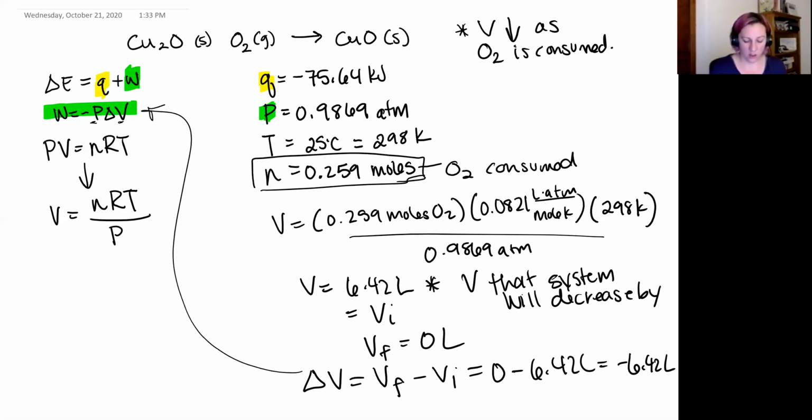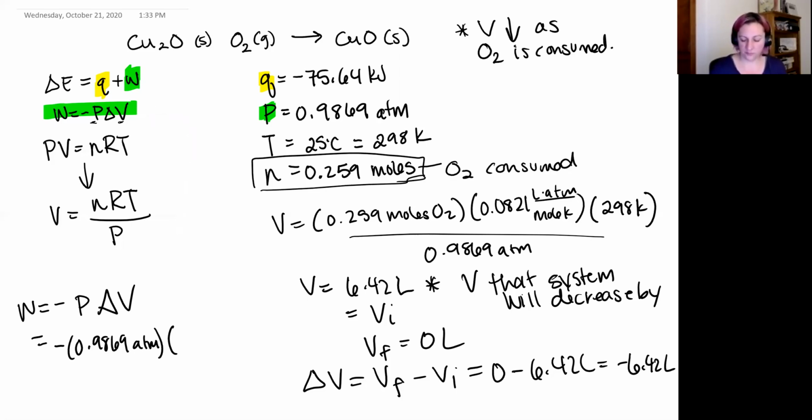Work is going to be equal to the negative of my pressure times the change in volume. So that'll be the negative of 0.9869 atmospheres times that change in volume, negative 6.42 liters.